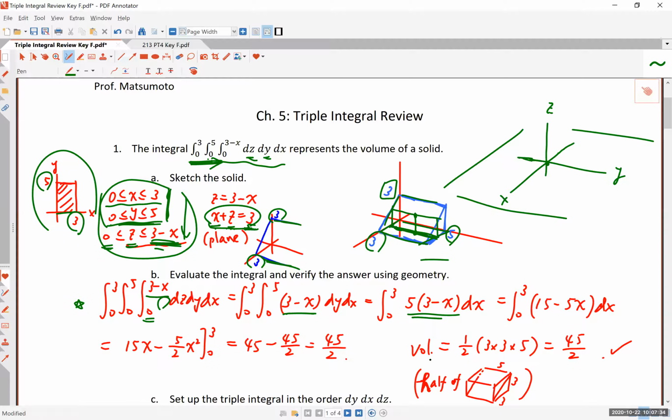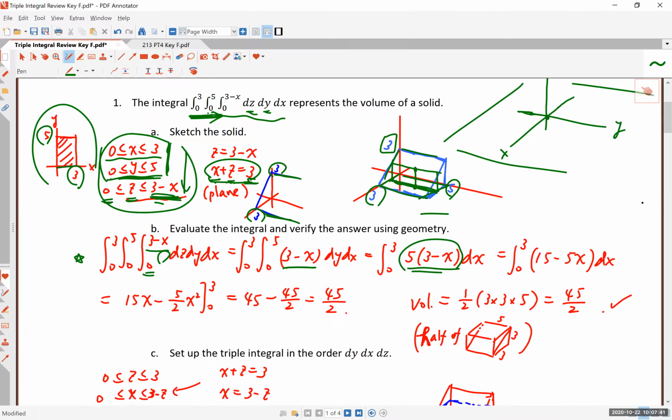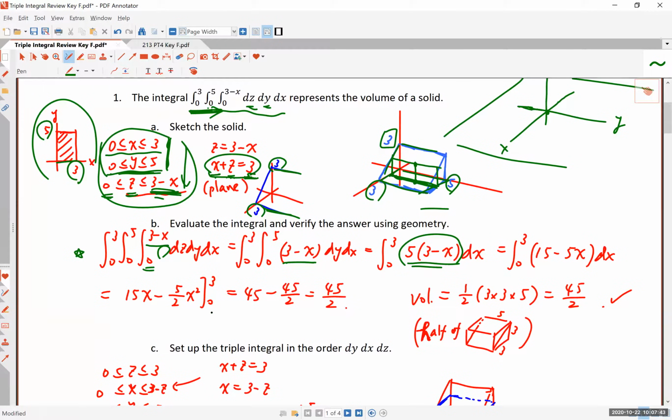And now you integrate this with respect to x, but maybe you want to solve this first. That's 15 minus 5x. And if you integrate it over the interval from 0 to 3, you get 45 over 2. No problem, right? And then verify this using geometry. What does it mean? Well, you know that this is a half of a 3 by 3 by 5 rectangular box.